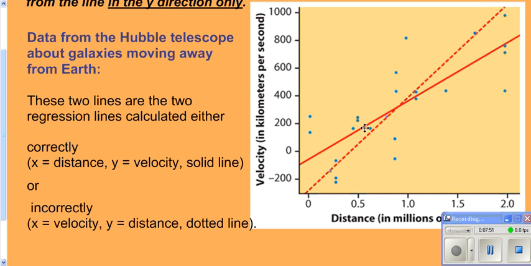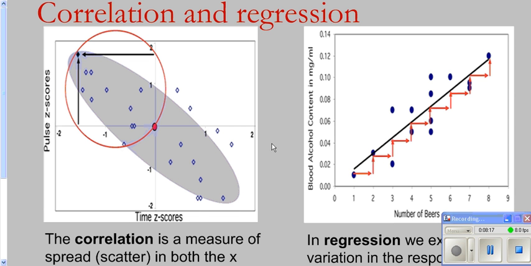Your least squares line for this one is the solid red one. However, if you did switch the x's and the y's, explanatory and response, your software or your calculator would give you the dotted one, a significantly different line. Still going through the average of the x's and average of the y's, though. So you need to make sure you distinguish between those two and have them entered correctly.